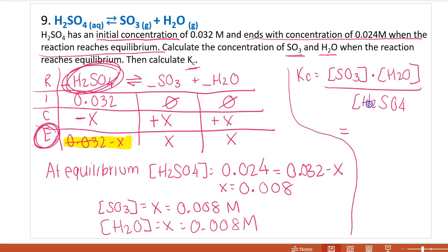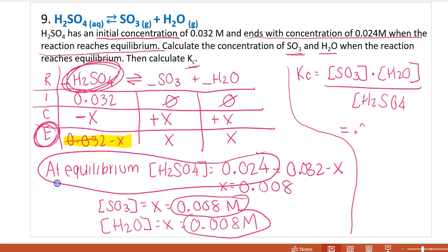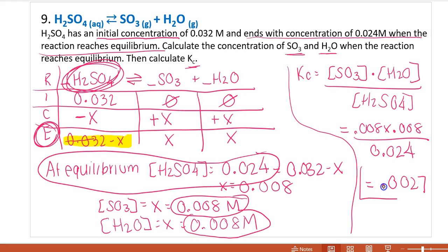And then make sure you're plugging in your equilibrium concentrations. And we should get 0.0027.